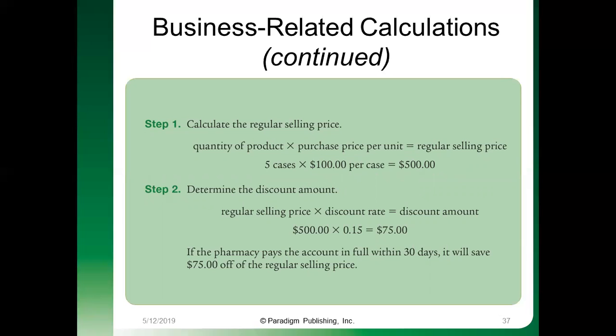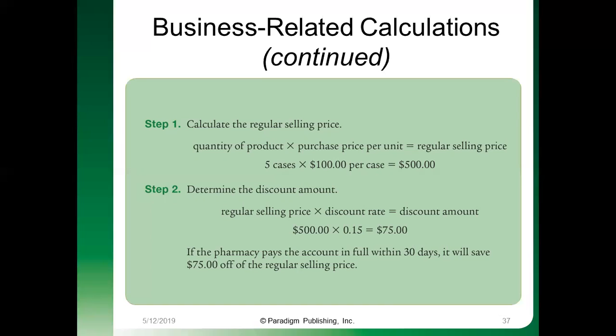Now determine the discount amount. So take the regular price times the discount rate. So 500 times the discount rate of 0.5, as a decimal, is equal to $75.